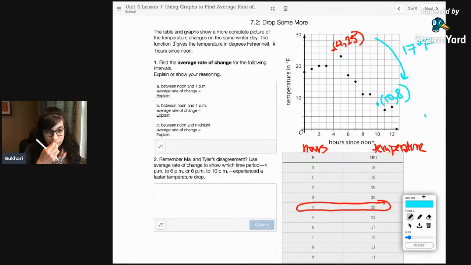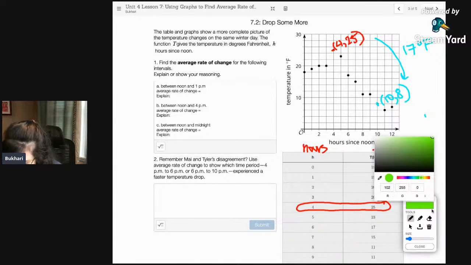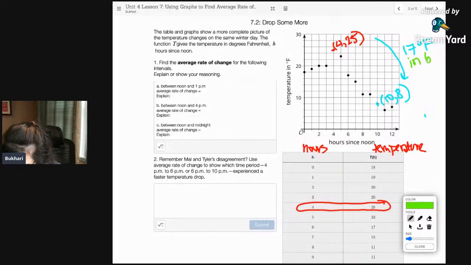And so the question then becomes, how can we tell how fast we are falling? How fast is the temperature falling? And so we know that it's falling 17 degrees in 6 hours, right? Because from 4 p.m. to 10 p.m. is 6 hours.